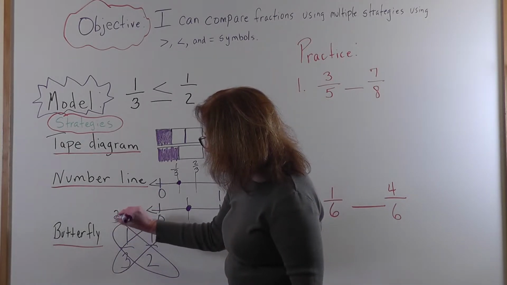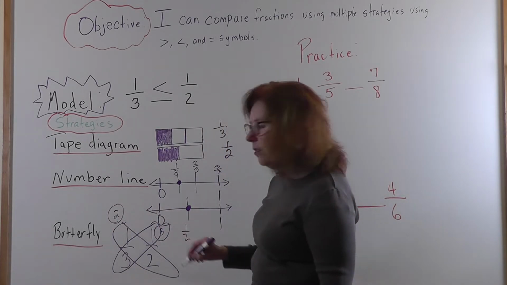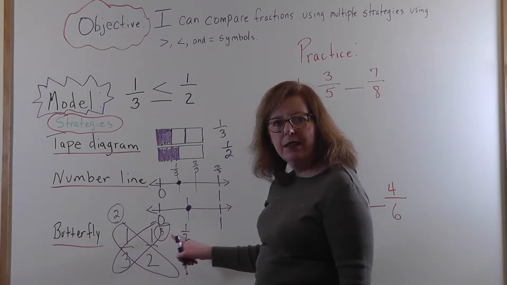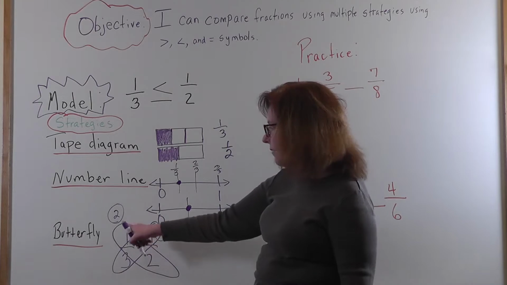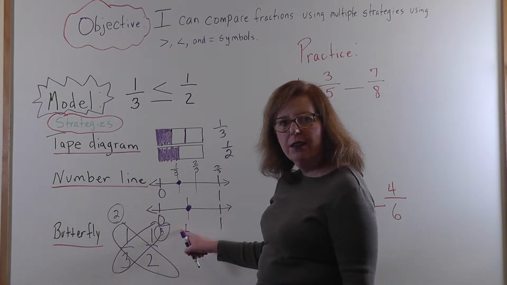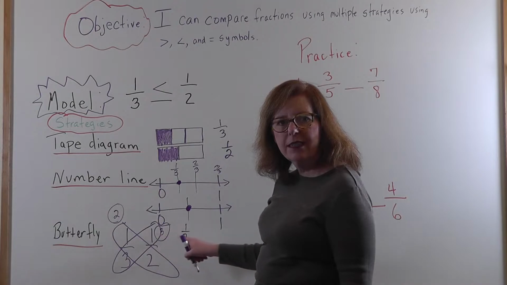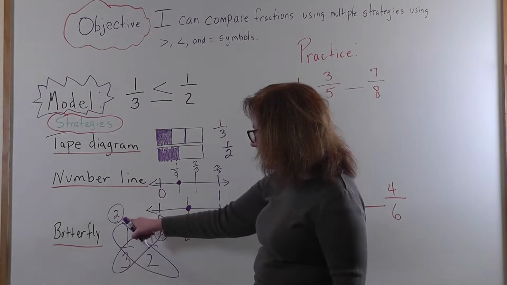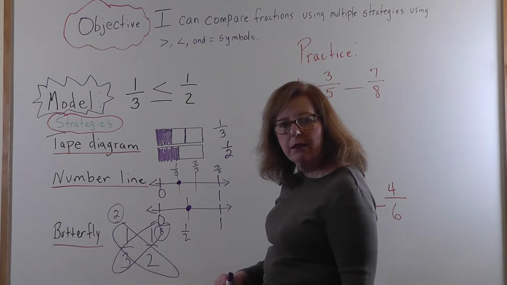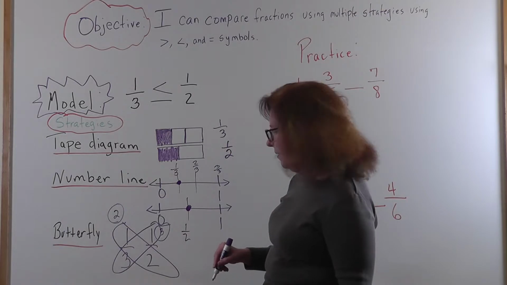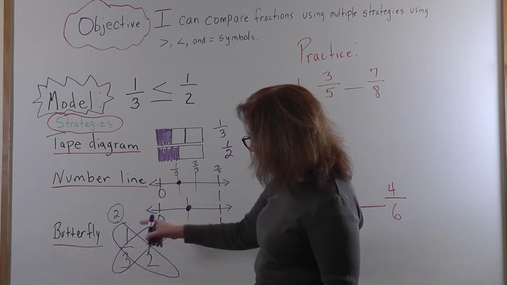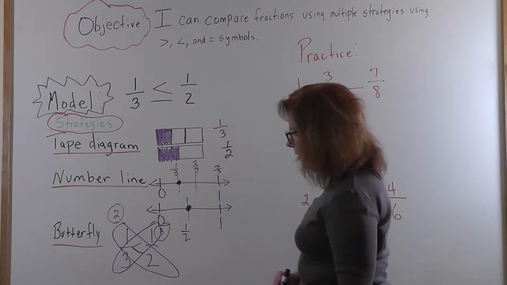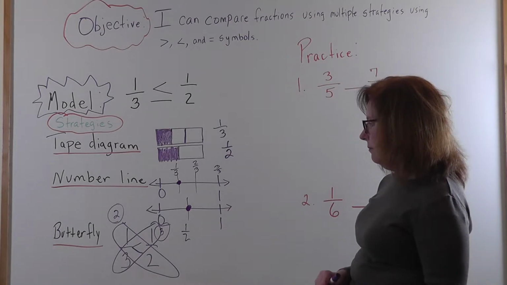So 2 is less than 3, right? So this fraction 1/3 is less than 1/2 because I have 2 here and 3 here. Whichever number is least is going to be the lesser of the fraction. So that's the butterfly strategy.